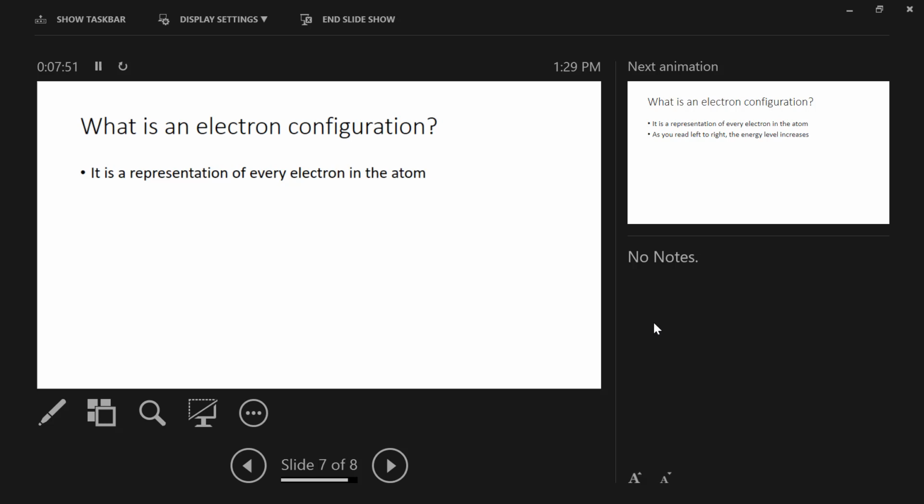The electron configuration, though, represents every single electron in the atom. As you read from left to right across the periodic table, or left to right across your electron configuration, the energy level increases.